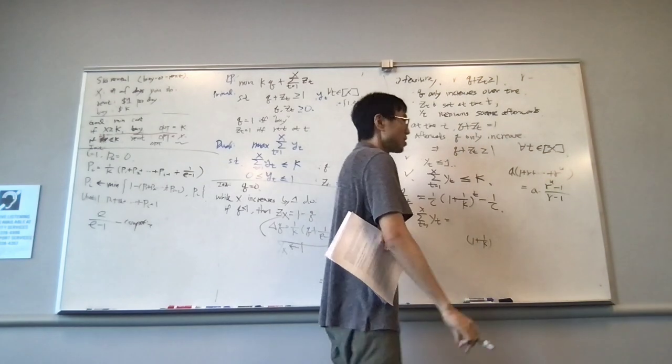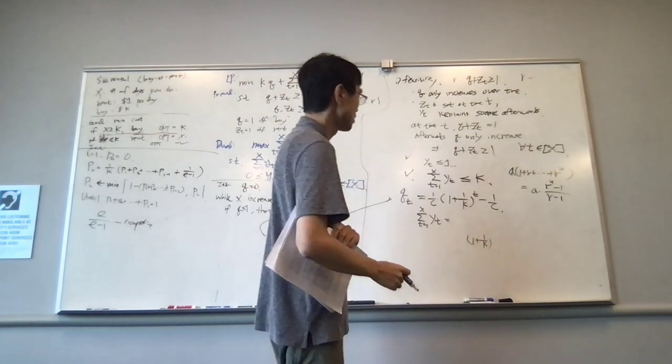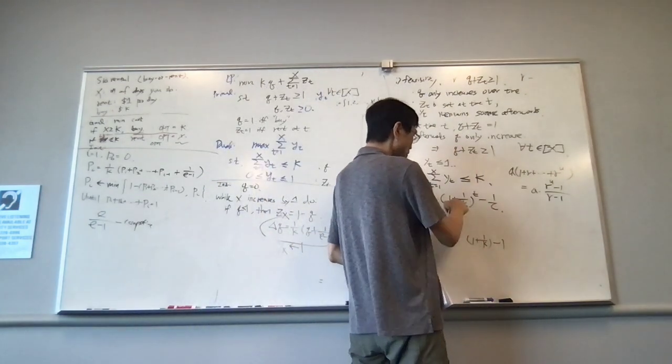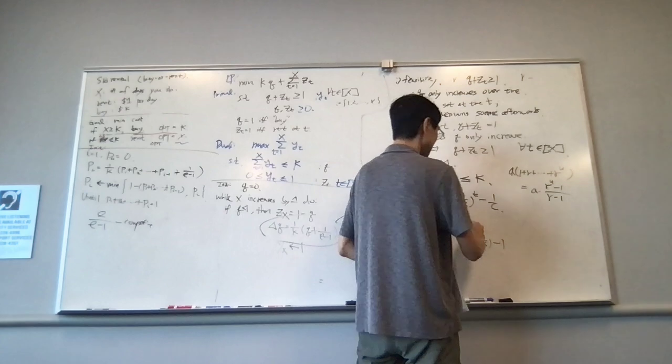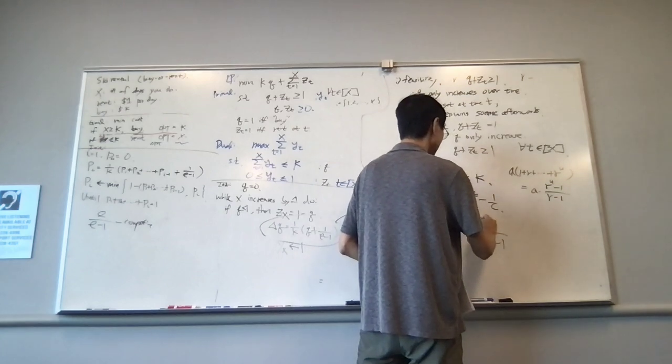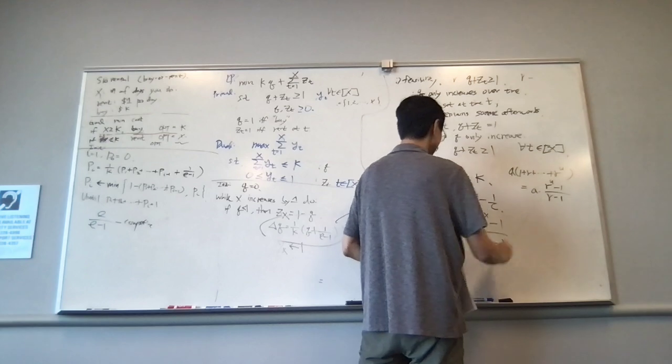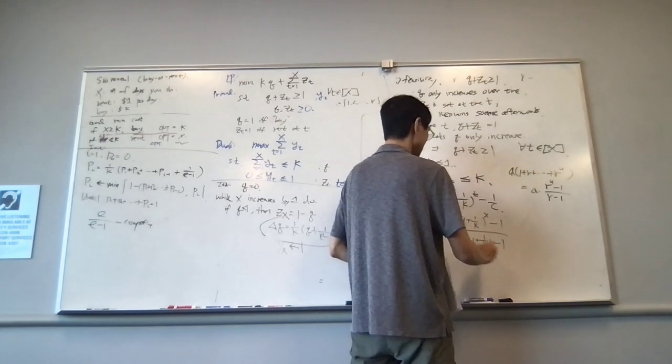You can do the same here. The ratio is 1 plus 1 over k, and then the last term will be x, and 1 over c minus 1 over c.